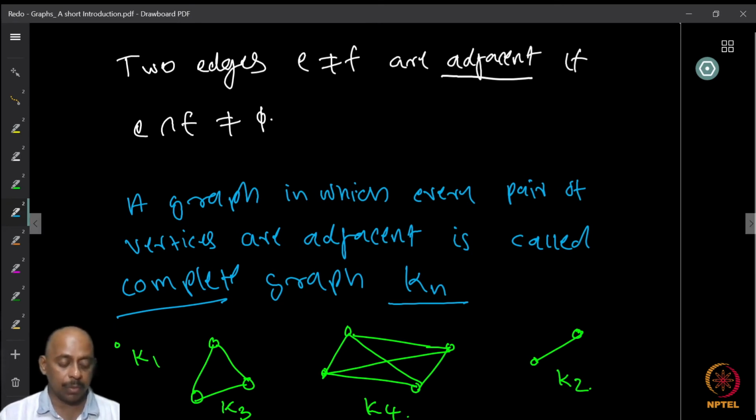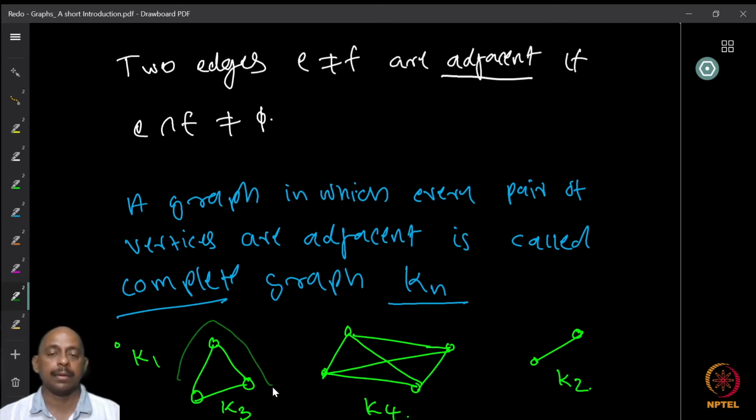Then you have the three vertex graph, let's say K3, where you have the three possible edges, right?